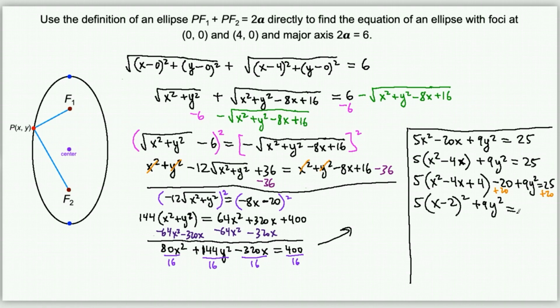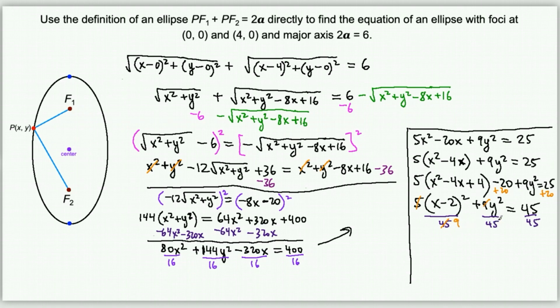And we will get what? We will get 45, right? So now, you know you have to divide both sides by 45, because we know that in the standard form equation of the ellipse, we have to have 1 on the right side, right? So we have to divide everything by 45. So as a result, look what happens. 5 gets canceled out with the 45, right? 45 divided by 5 is 9, so we get 9 here.